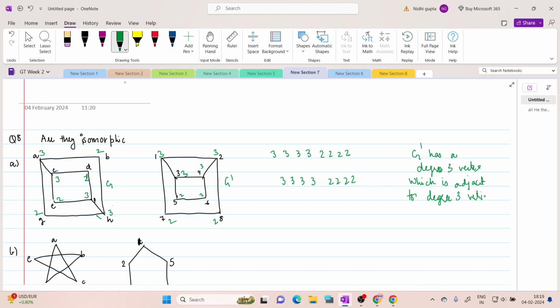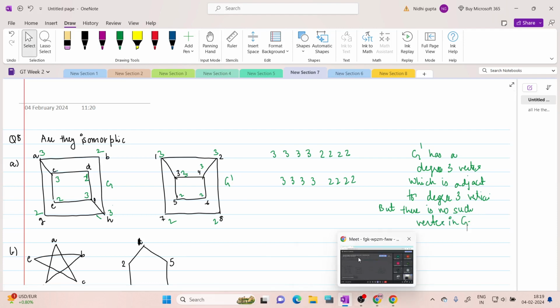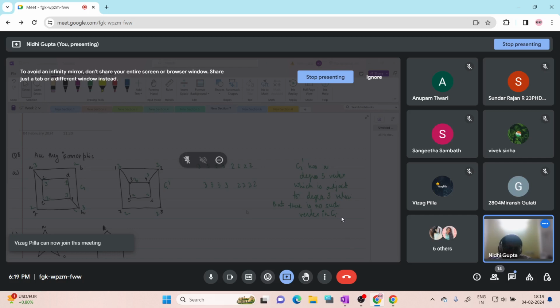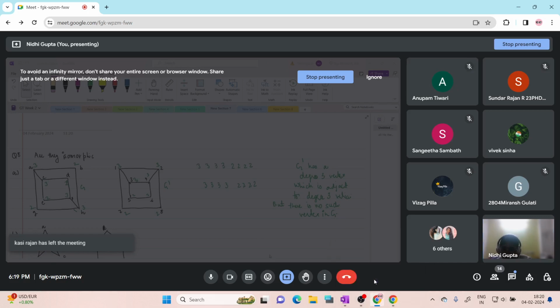But there is no such vertex in G. So they cannot be isomorphic. Is this reason clear to everyone, why they can't be isomorphic? Yes. Okay.